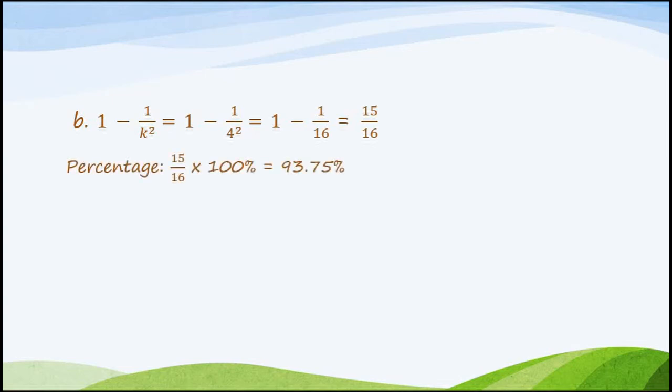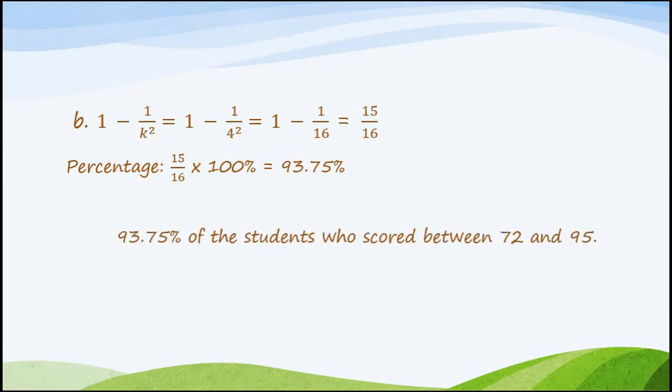The percentage is equal to 15 over 16 times 100%, which is equal to 93.75%. So 93.75% of the students scored between 72 and 95.